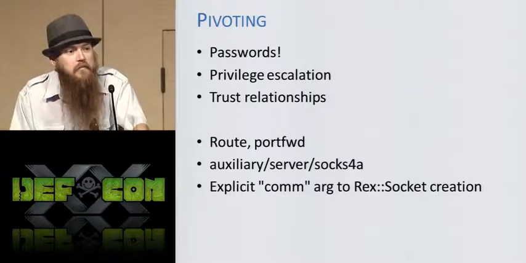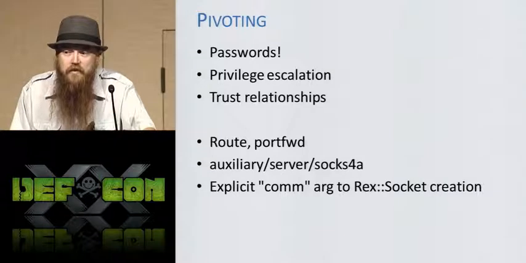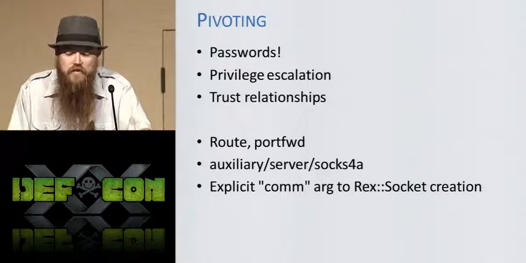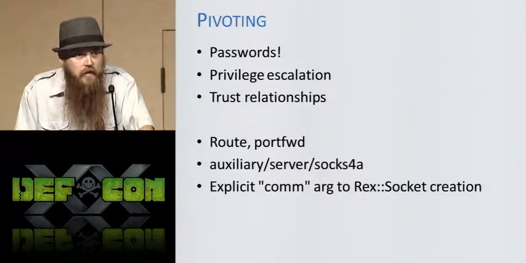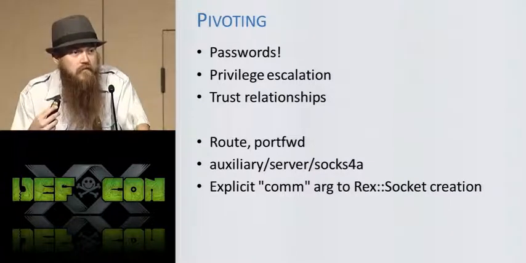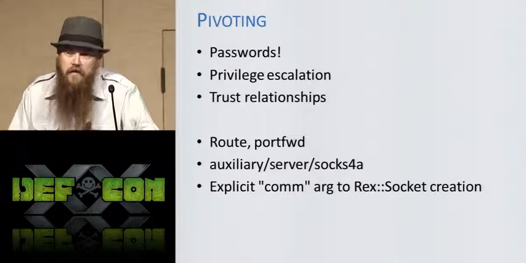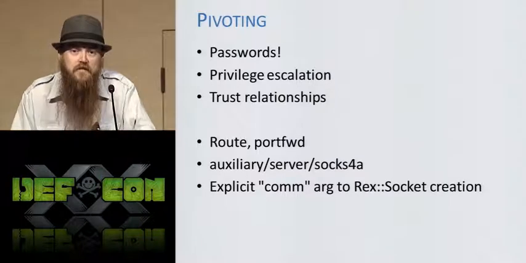You can scan them with auxiliary modules. You can browse their intranet with your own web auditing tools. And it gives you some of the real powerful parts of Metasploit inside the compromised machine's network as if you're sitting on that same network.